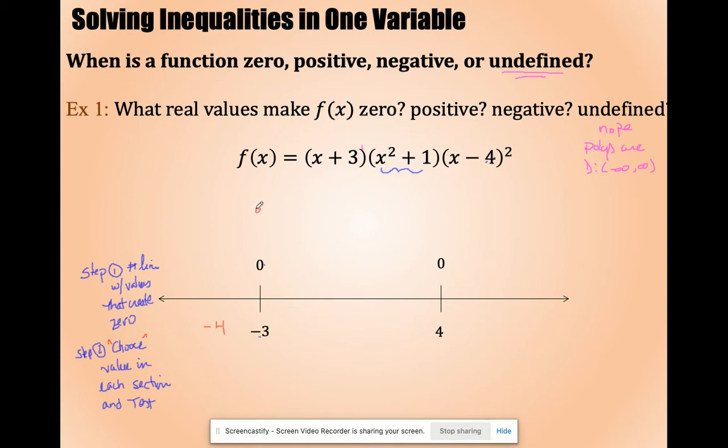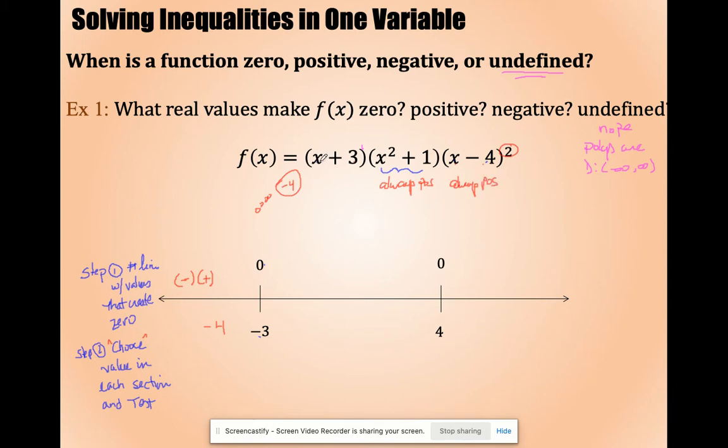Think. -4 plus 3 is negative. This factor will always be positive. -4 minus 4 is -8. Don't care. This factor is always positive.